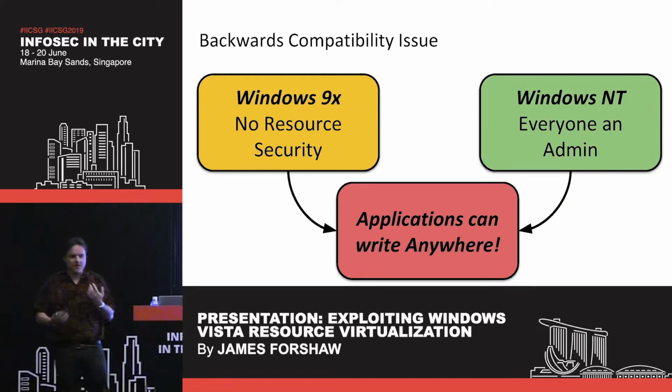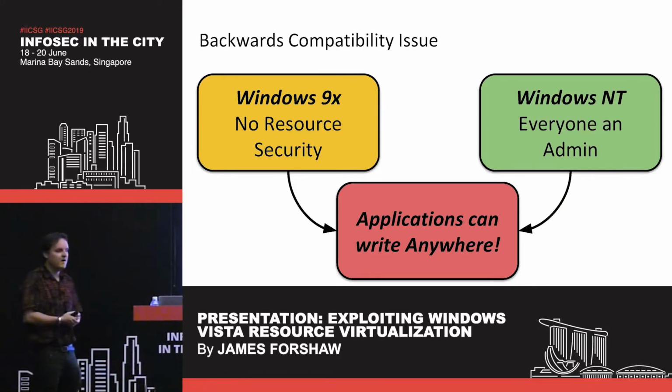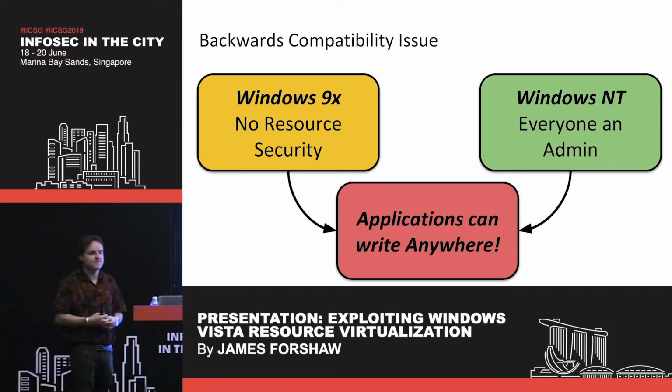And what this meant from a legacy application perspective, and certainly from a backwards compatibility perspective, was applications assumed they could do anything on the system. They could write anywhere. They could modify anything they liked because they were always allowed to. But of course, UAC comes along, and everyone's now running as a standard user, not as an administrative user, and all of a sudden it stops working.